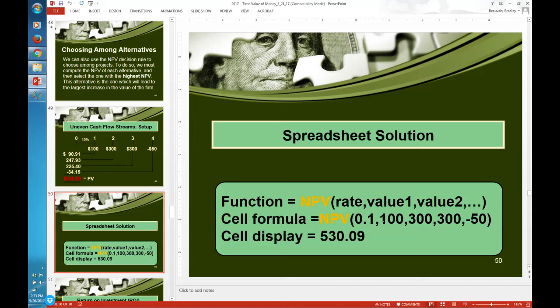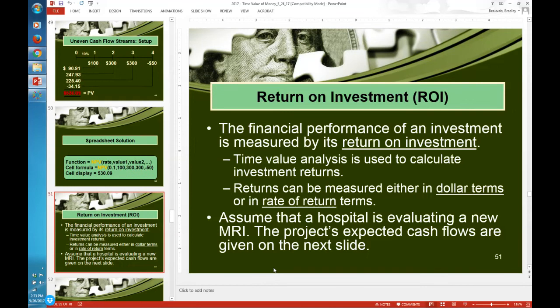So these would go in as cell references, which is what I actually recommend versus direct entry. Close my parentheses, hit enter, and I come up with the same valuation as we did over here with the direct calculation.